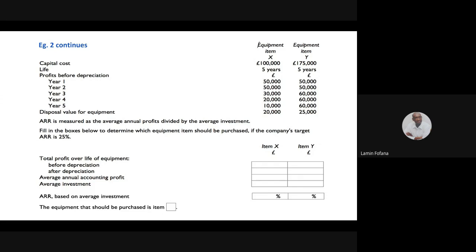In calculating ARR, accounting rate of return, do we use cash flow or accountant's profit? Accountant's profit. But we have not been given accountant's profit. What we've been given is cash flow, that's profit before depreciation.